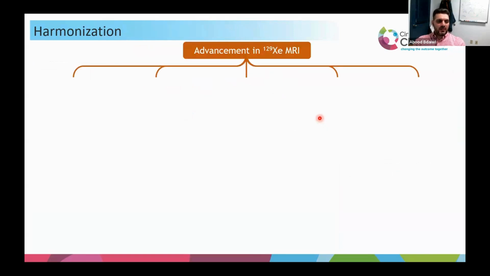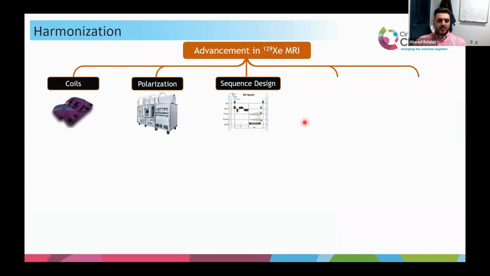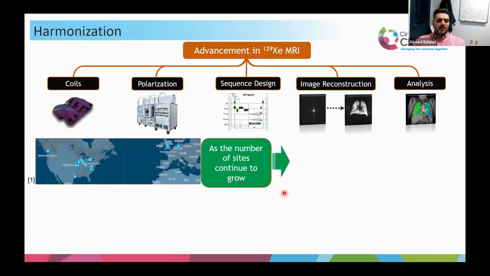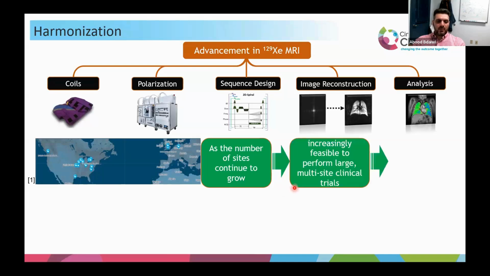All right, so moving forward, we have had a lot of advancement in this field, from coil design, polarization, sequence design, image reconstruction, and analysis. And as the number of sites continues to grow, with the possibility of performing multi-site clinical trials, we need to do more standardization of data and analysis.